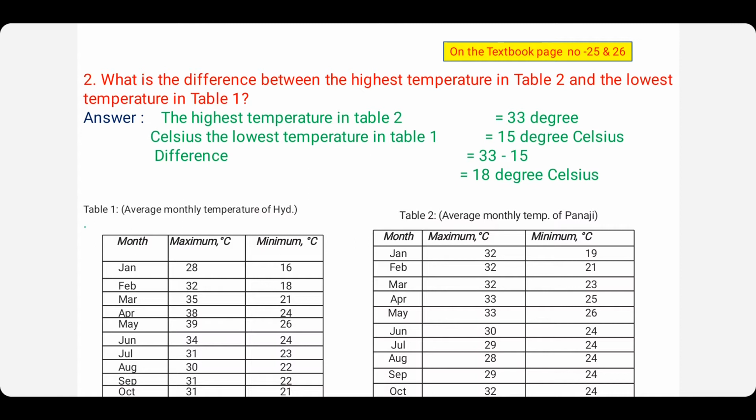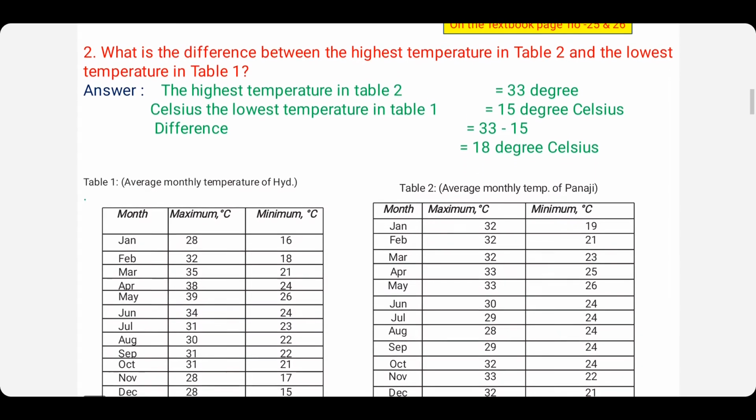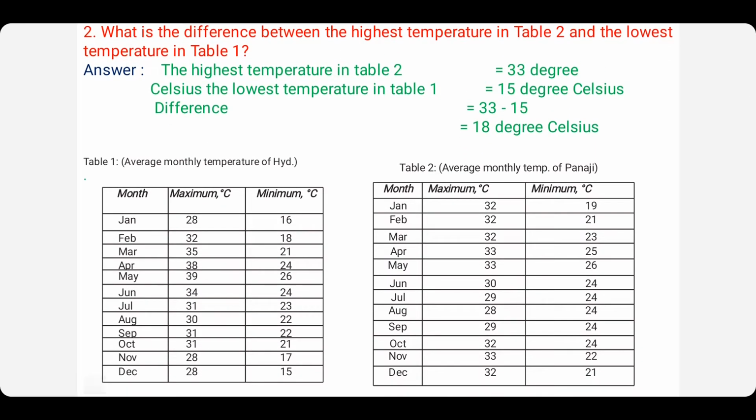The lowest temperature in table 1 is 15 degrees Celsius. Go to the minimum temperature column, and in that you see 15 degrees Celsius is the least one. And what is the difference here? 33 minus 15 is equal to 18 degrees Celsius.